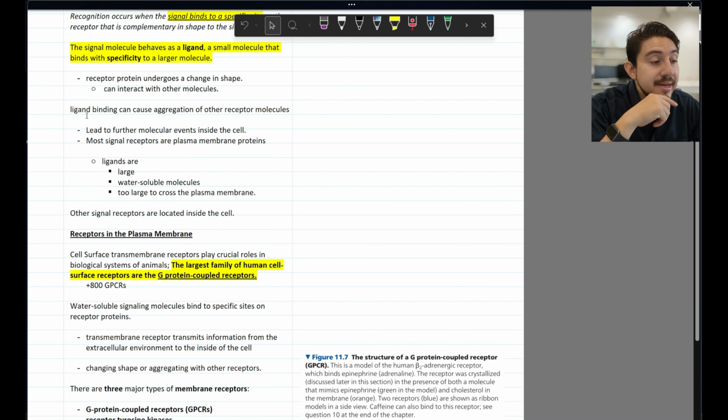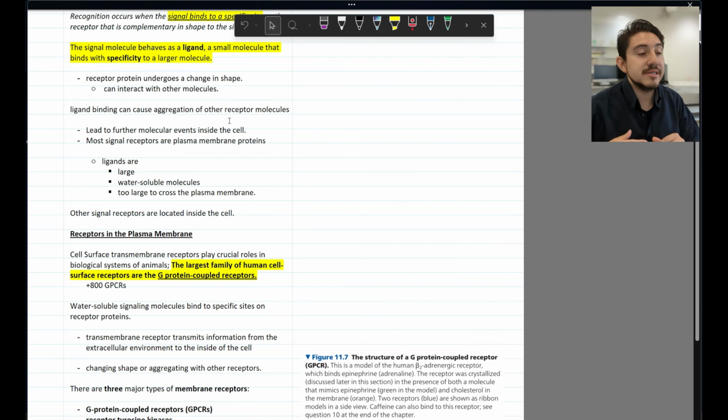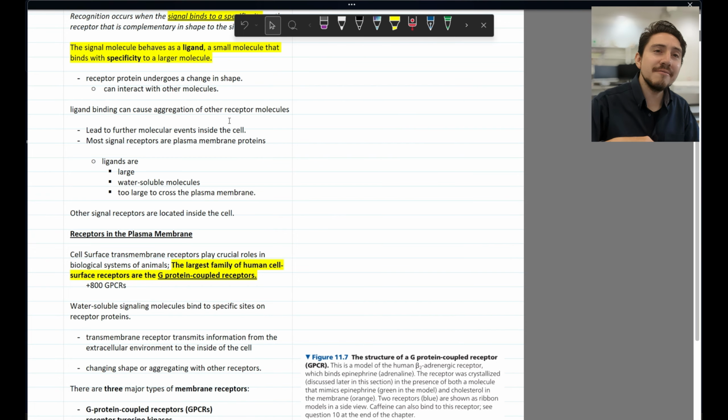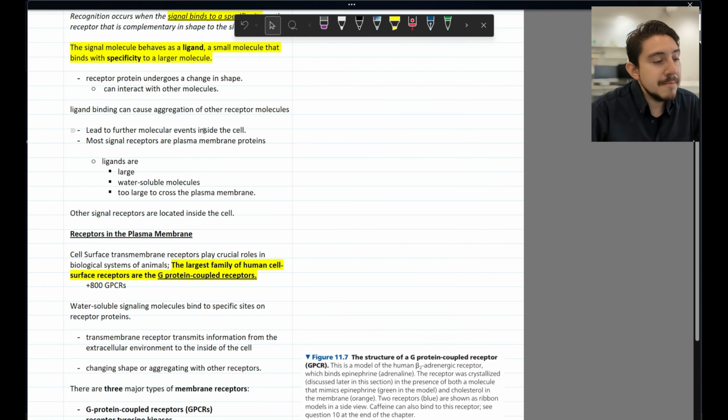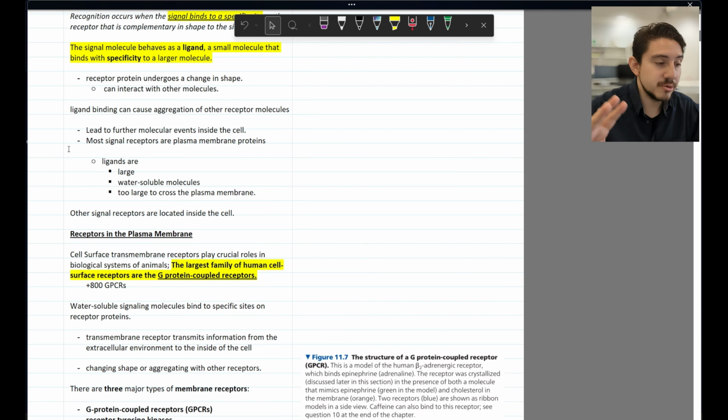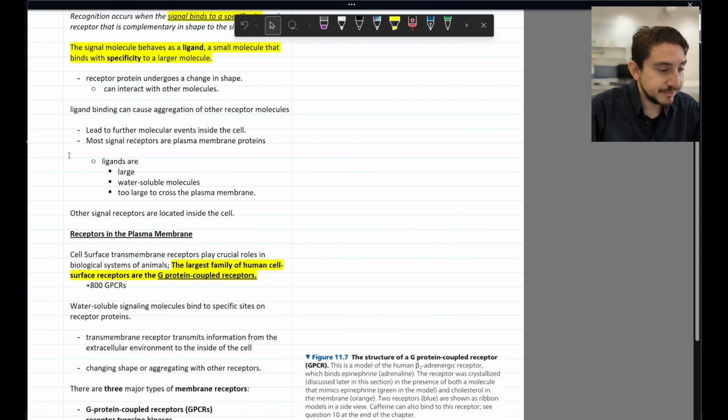Ligand binding can cause an aggregation of other receptor molecules to come into the vicinity, but there's a lot of variation that occurs here. As a result, that could lead to a series of molecular events inside the cell, signal transduction, which we're going to see later on.